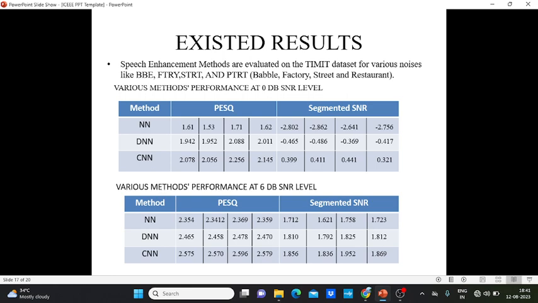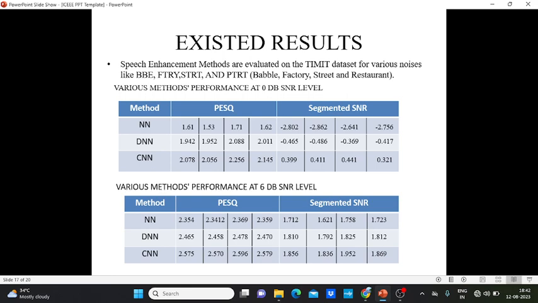So how to reduce, how to enhance, and how to recognize based on some parameters. There are two parameters here, PESQ and segmental SNR. At the 0 dB level we got some points, and various methods' performance at 6 dB SNR levels. In this one also, for babble, factory, street, restaurant, what is the PESQ and what is the segmental SNR is listed in this table.